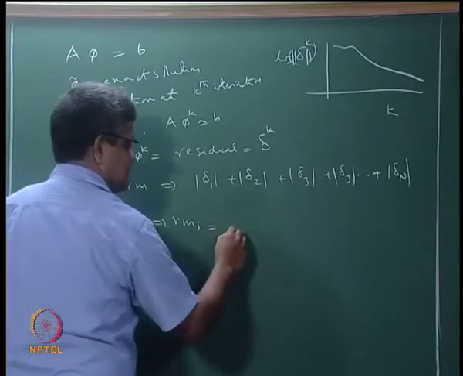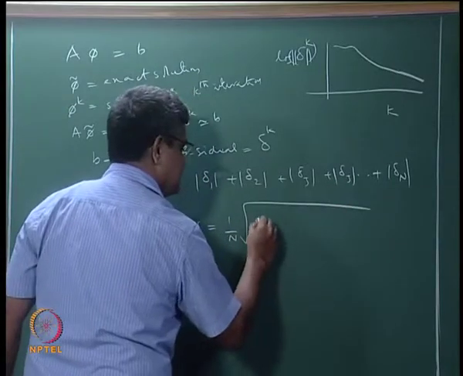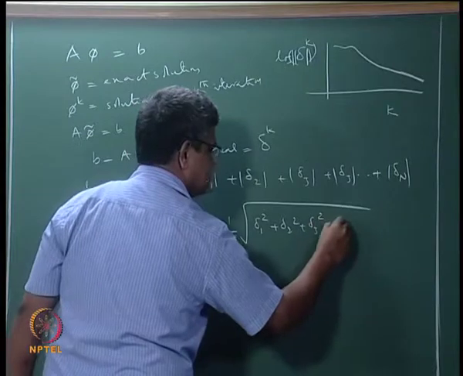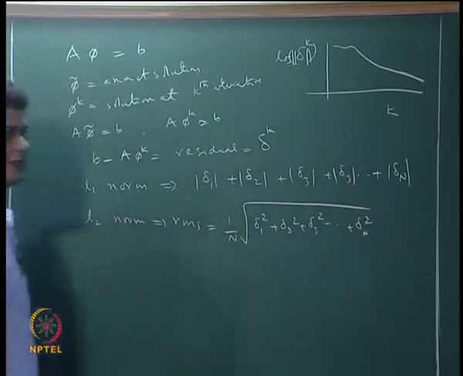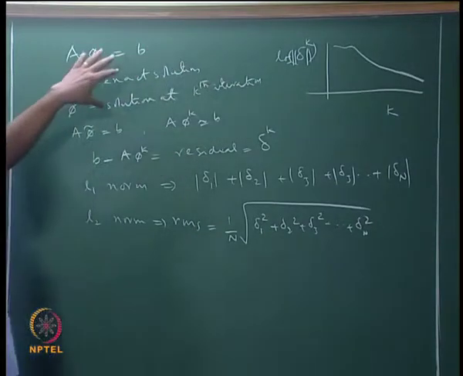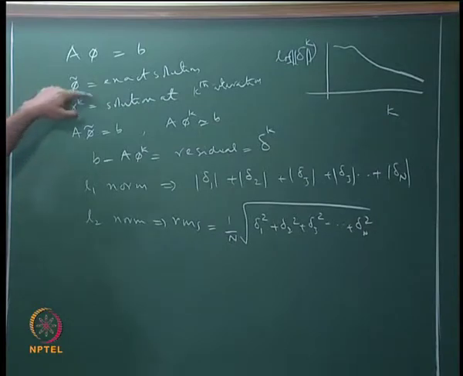So that is 1 by n of delta 1 square plus delta 2 square plus delta 3 square, like this. So either the L1 norm or L2 norm of the given equation A phi equal to b with an estimated solution can be computed.